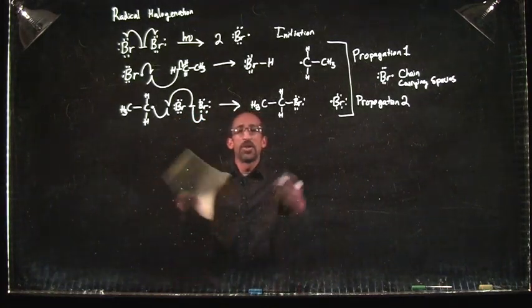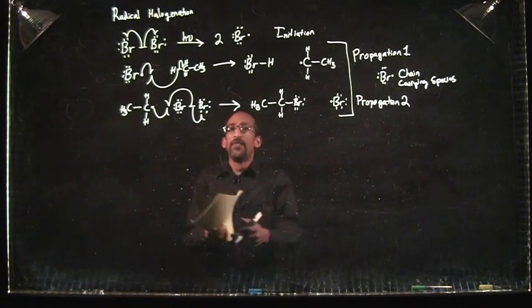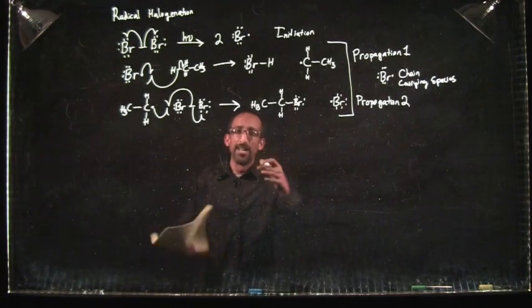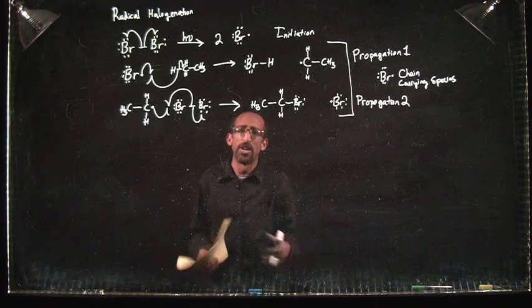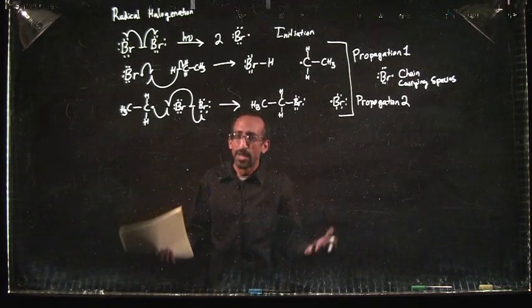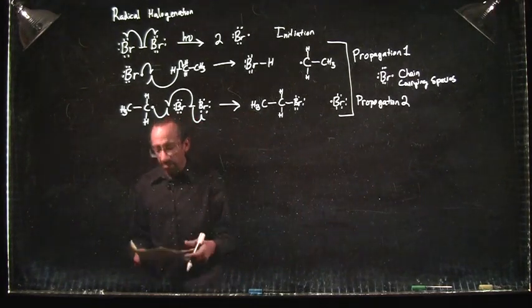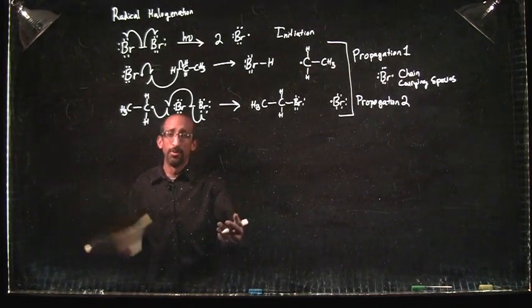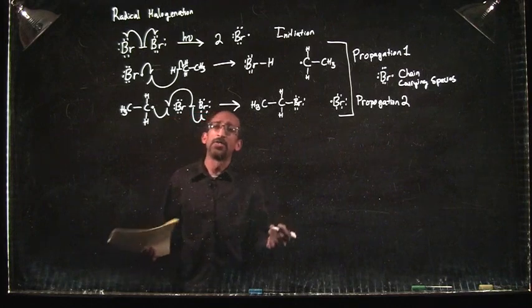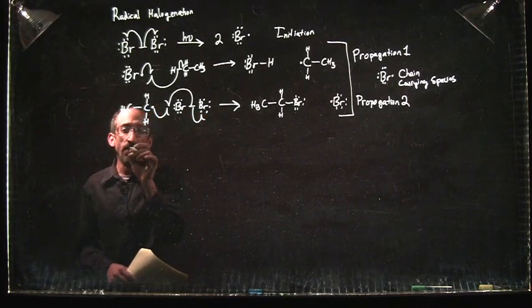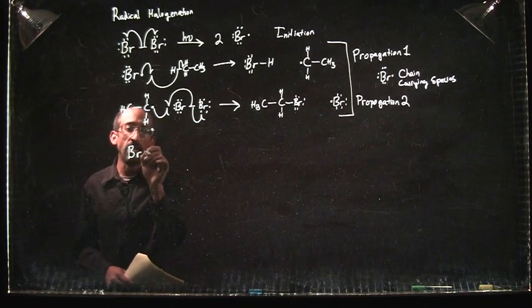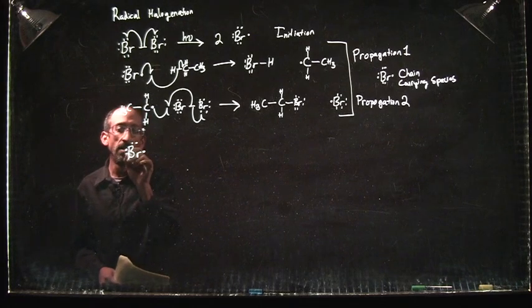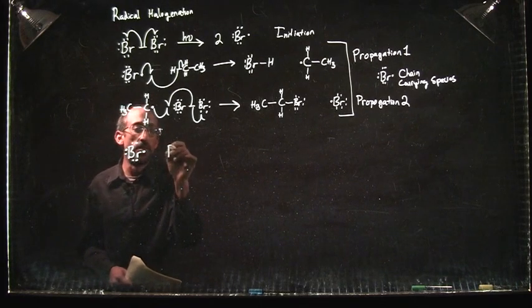I can't just keep creating radicals all the time. Eventually, these highly reactive species, these unpaired electrons, want to form bonds and end this story. And so there are three processes by which this reaction terminates. Two of them are known as recombination. So the first is, I can have a bromine radical find another bromine radical.